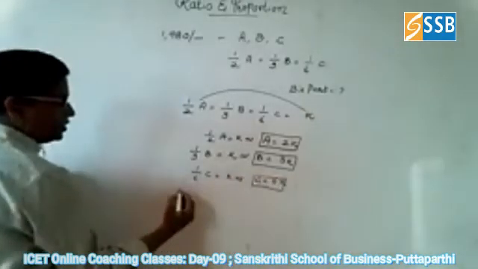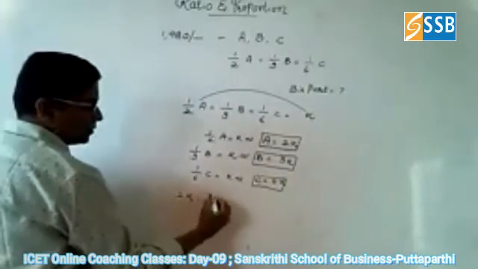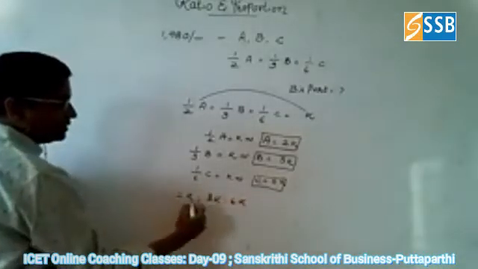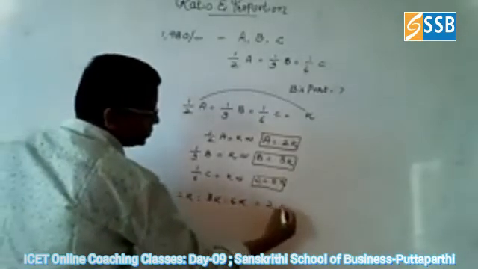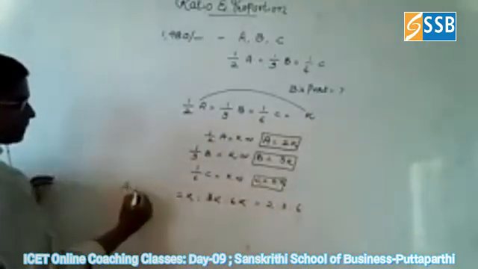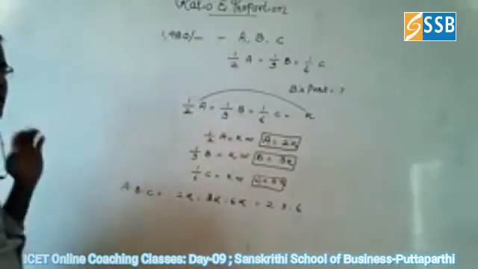So then what is the ratio? The original ratio A is to B is to C is 2K:3K:6K. The ratio is 2:3:6. It is in fraction form, but we should not take it like that.